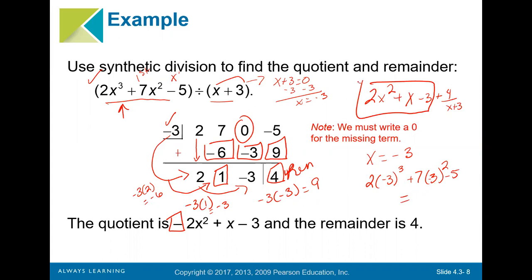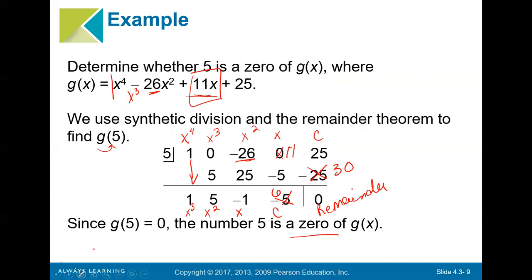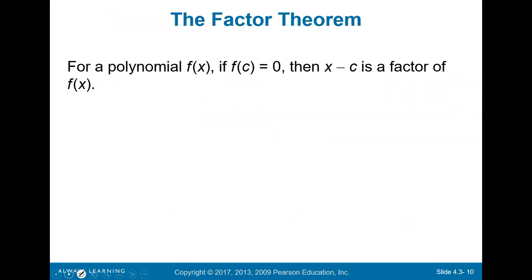But remember, it may ask you, what is the quotient? What is the remainder? So that's just letting you know right off the bat if it is a real 0. So for a polynomial f of x, if f of c equals 0, then x minus c is a factor of f of x.